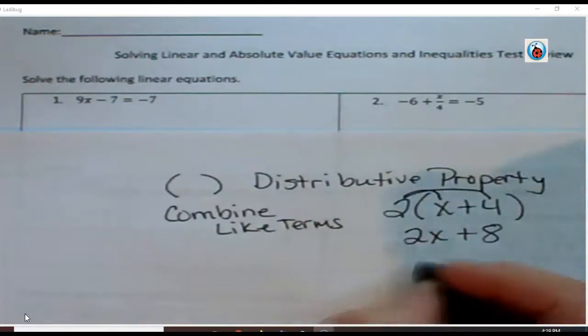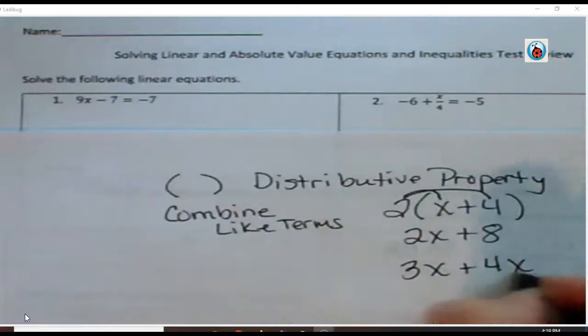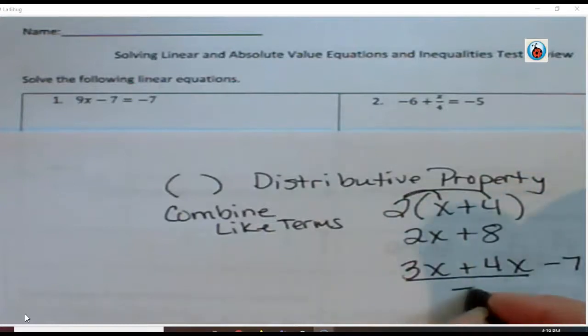An example is if you had 3x plus 4x minus 7, you would take 3x and 4x and put them together and you'd have 7x minus 7.